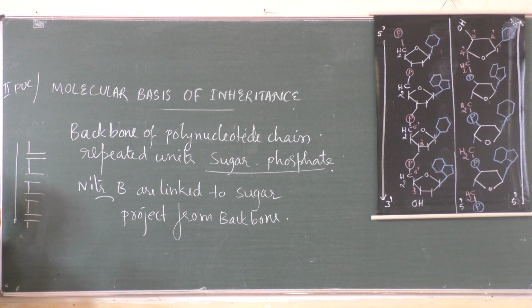Imagine this is the support of the ladder, one side, and these are the steps of the ladder. Somewhat a polynucleotide chain resembles this. So this part is called the backbone and these parts are the steps. A polynucleotide chain is somewhat like this.